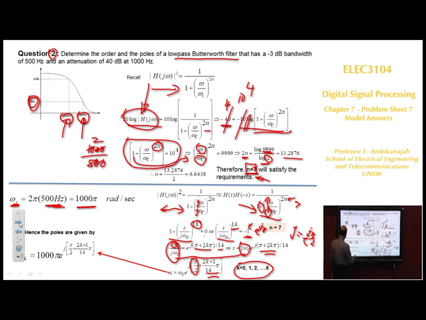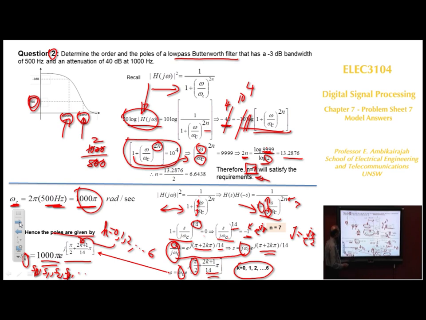By doing that, you will get the pole positions as omega c, which you already calculated, 1000 pi, times this. Now you substitute k equal to 0, 1, 2, up to 6 in this equation here. As soon as you do that, you get the first pole, the second one, third one, fourth one, and so on. You get all the pole positions.